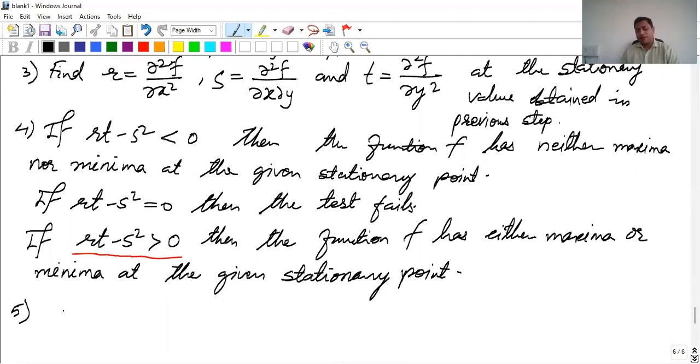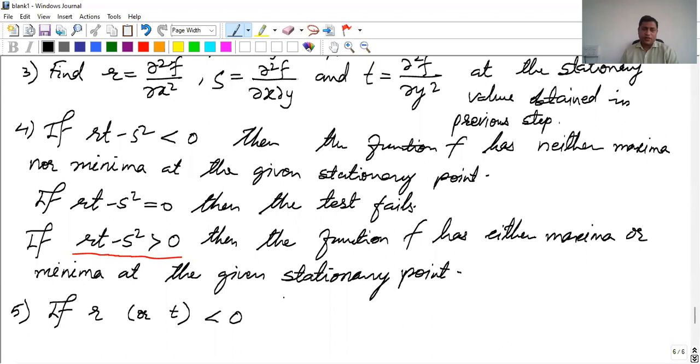Now we decide which: if R or T is less than 0, you can consider either value, since R and T behave in the same way.